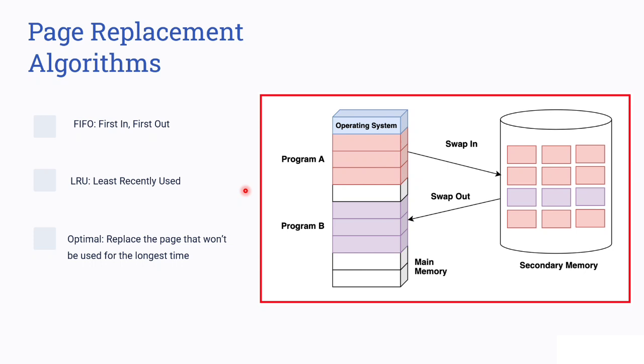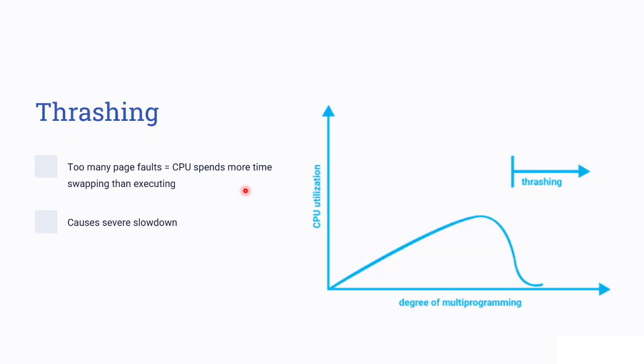Now, we know that page fault is very normal, but too many page faults are not good for the operating system, because if a program causes too many page faults repeatedly, the system spends more time swapping than executing. Like it has to make space for new pages, right?